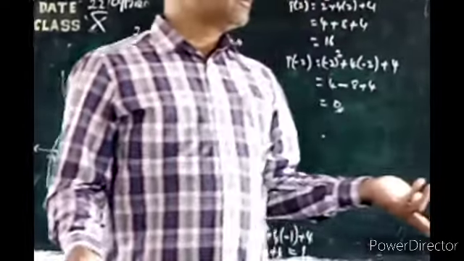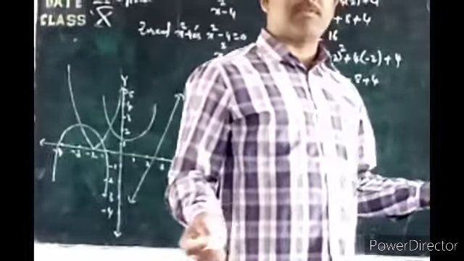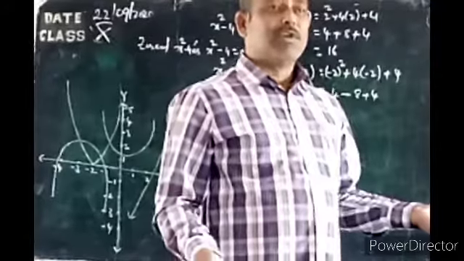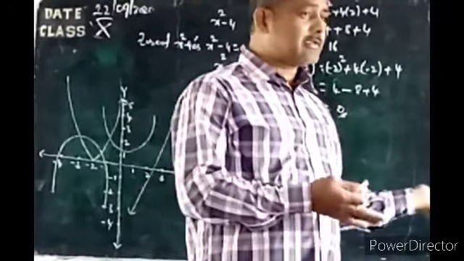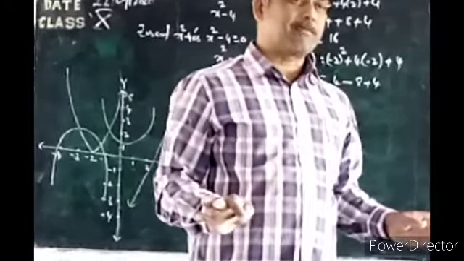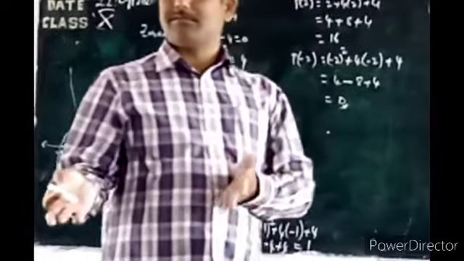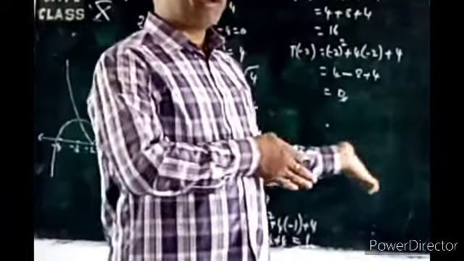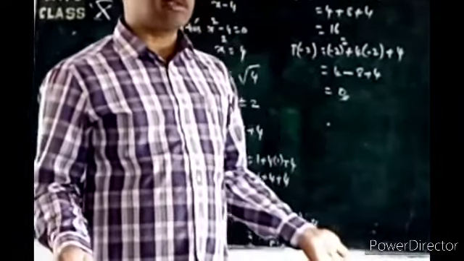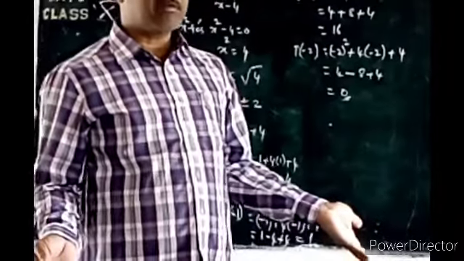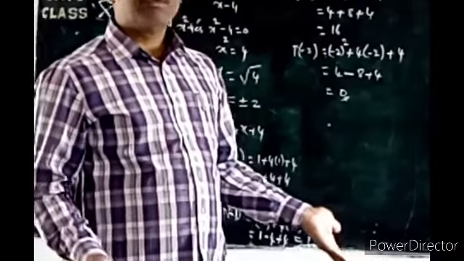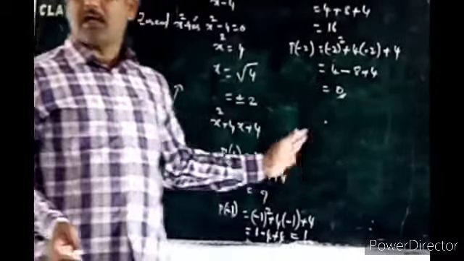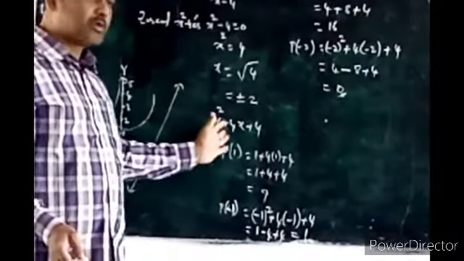For 0 there is no plus or minus, it makes no difference. So x is minus 2 only. 0 is the additive identity, that's why there is no other value.